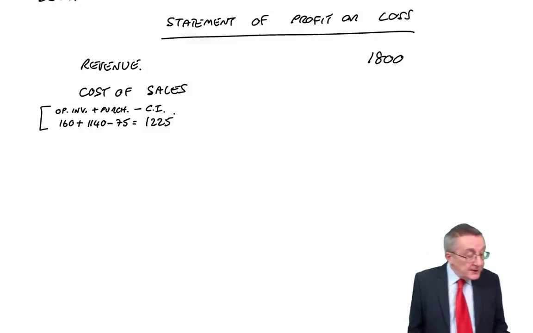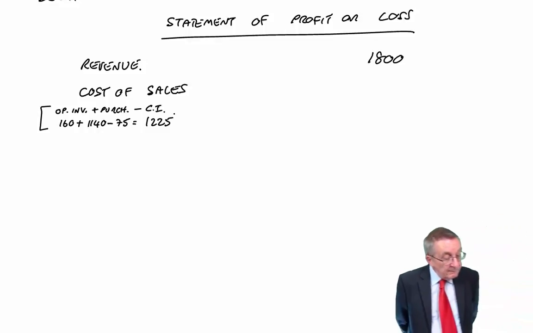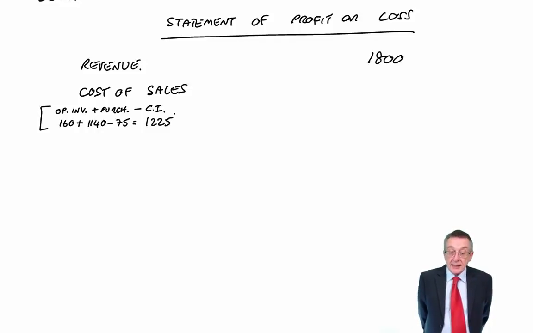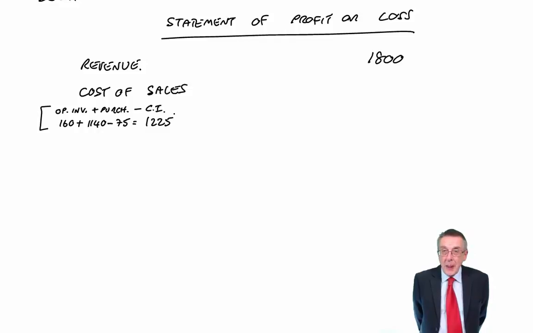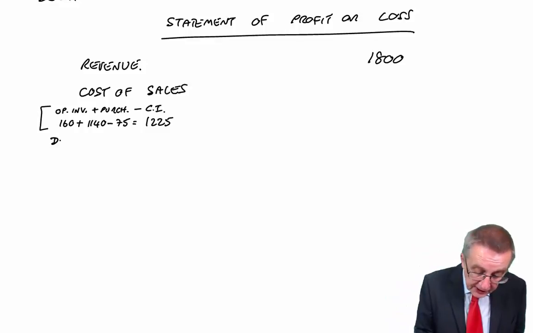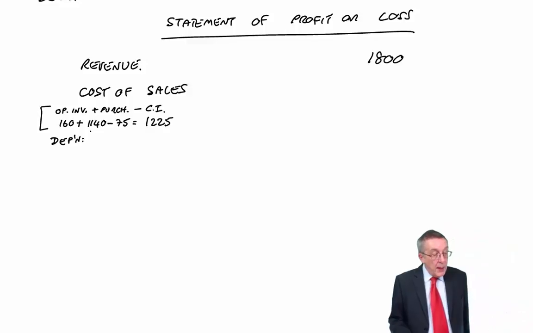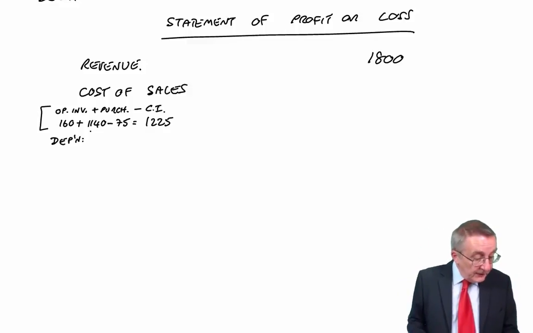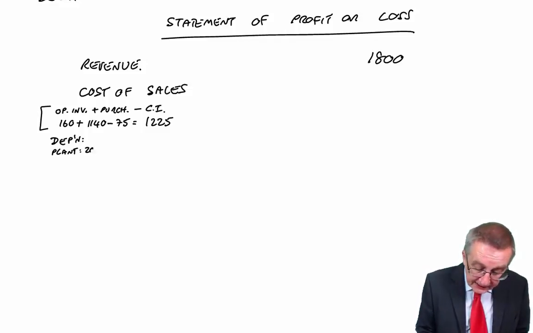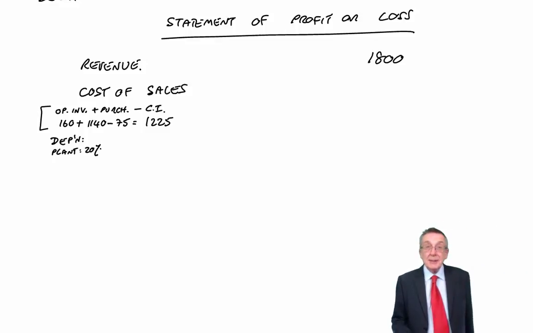However, I did notice as we were going through that the second note below the trial balance mentioned depreciation and said depreciation was a cost of sales expense. So in addition to 1225, I've got to add on the depreciation. And there's two bits. First of all, the plant is 20% on reducing balance.